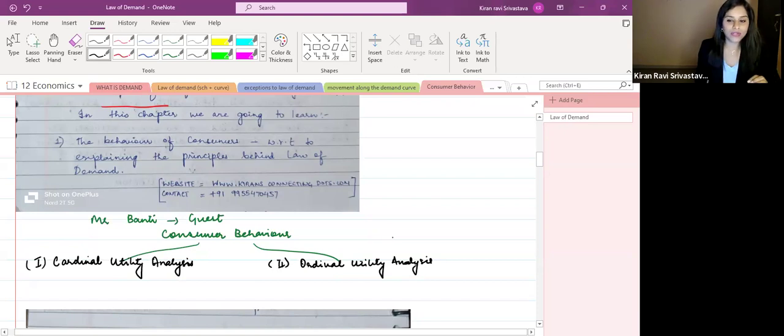And whenever you read the book after this, it will be like a revision for you. You will not be mugging it up. Cardinal utility analysis is also called marginal utility analysis. And ordinal utility analysis is also called indifference curve analysis.